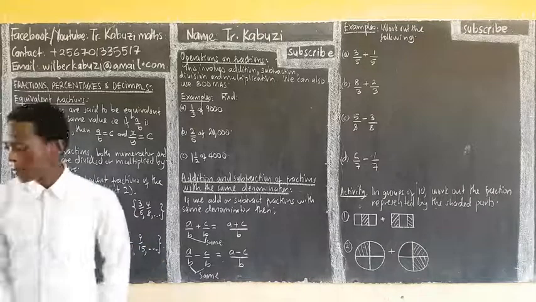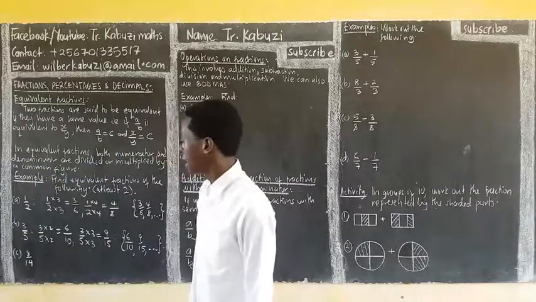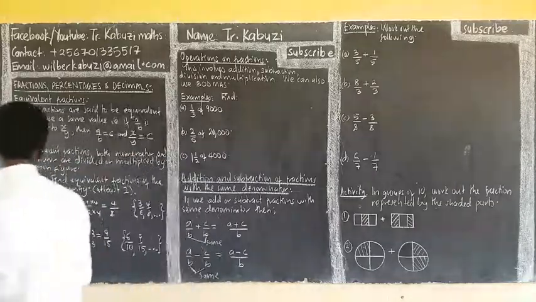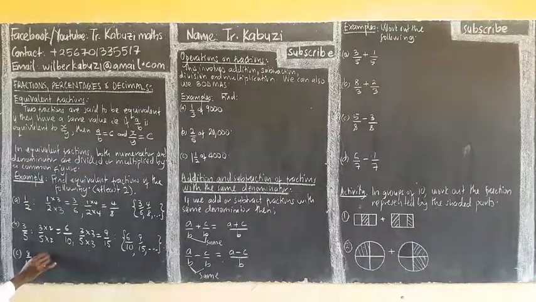Now for this one, we said you can also divide. For 8 over 14, you see you can divide by 2 both sides. So we divide by 2 here, then you divide by 2 here, which will give you 8 divided by 2, you get 4, and here we get 7. So this is equivalent to this.